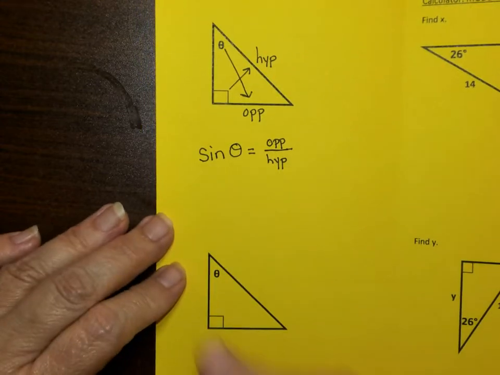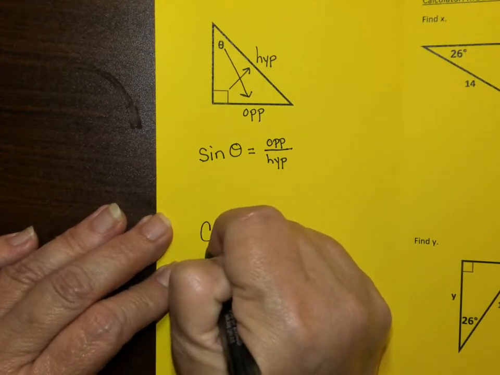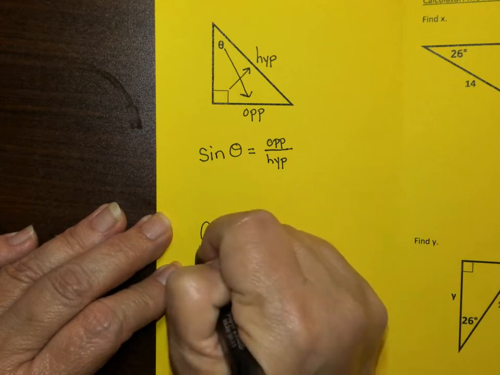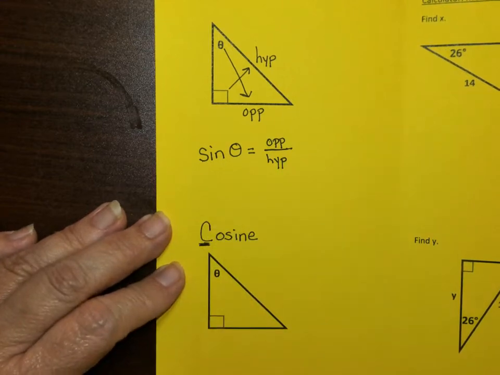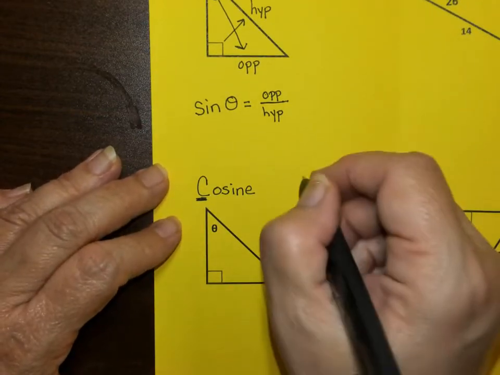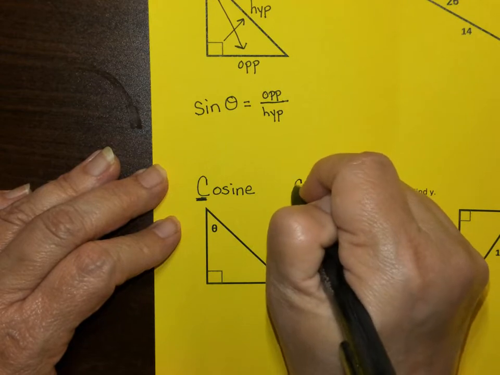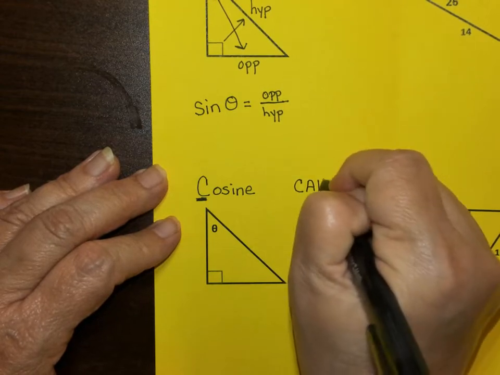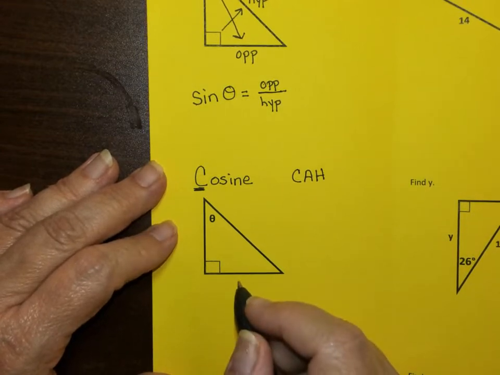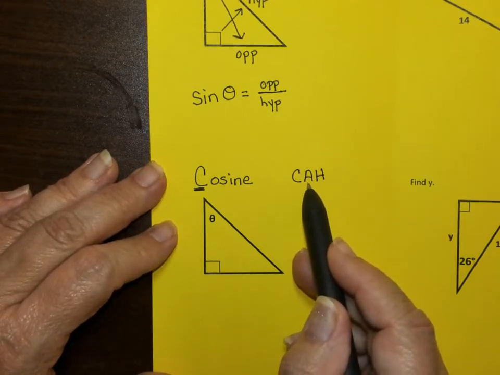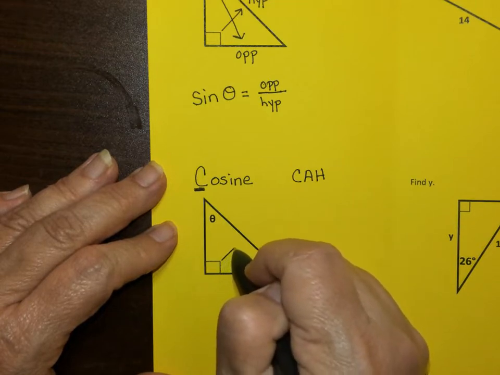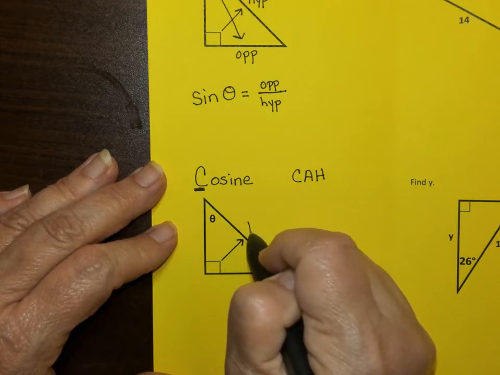Alright. Then our next one is named cosine. That's where the C comes from. So-ca, it's C-A-H. And so that needs the adjacent and the hypotenuse. So my hypotenuse is across from my right angle.